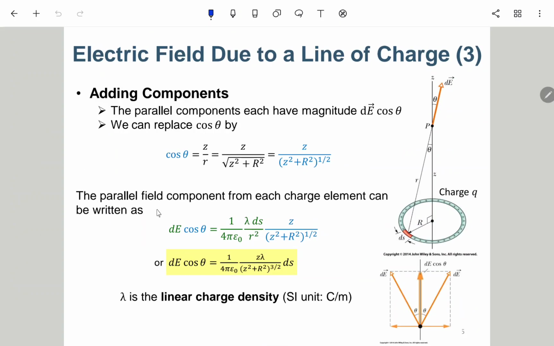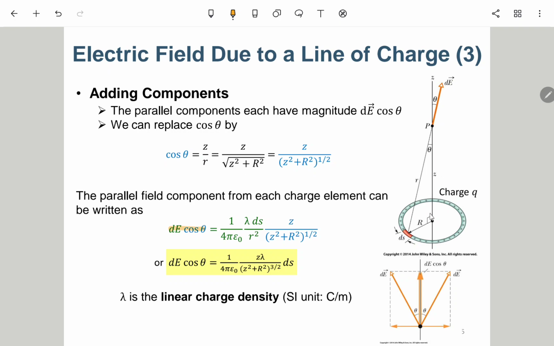Okay, so the last part is to add the components using the integration. Just now we know that the z-axis component will look like this, dE times cosine of theta.